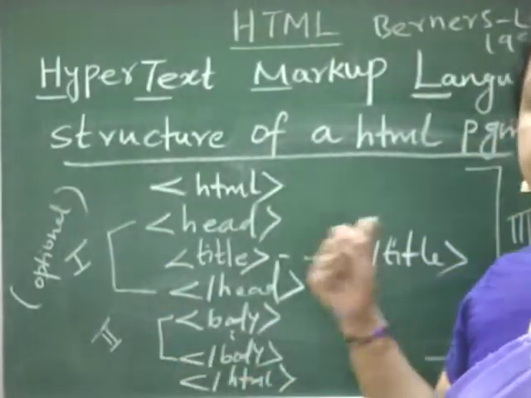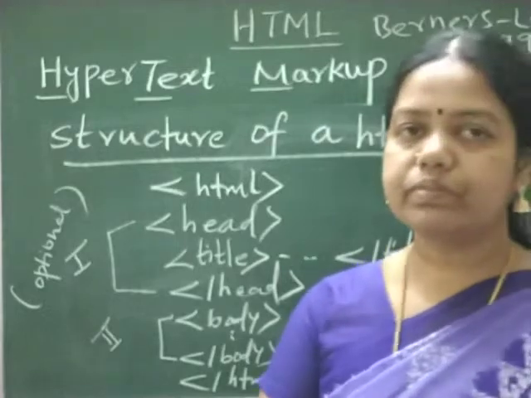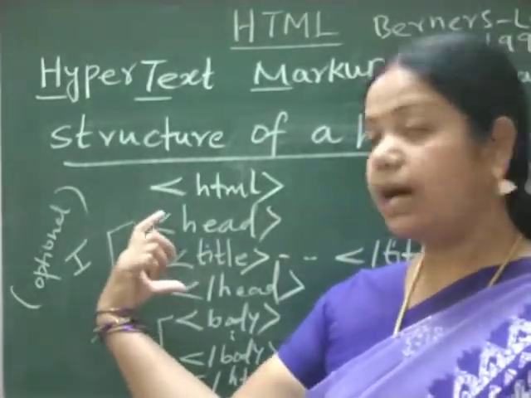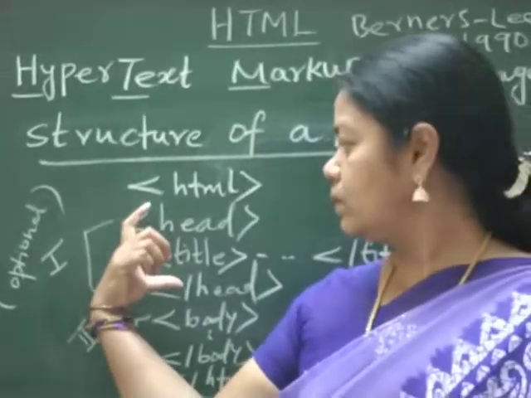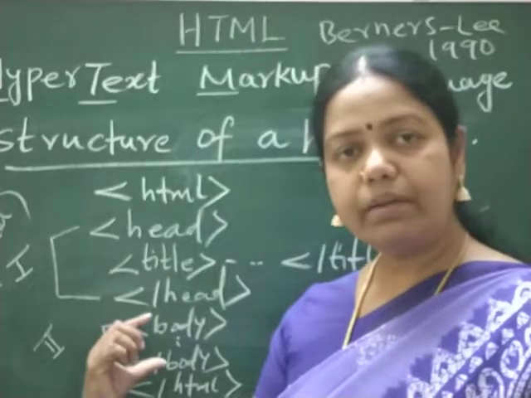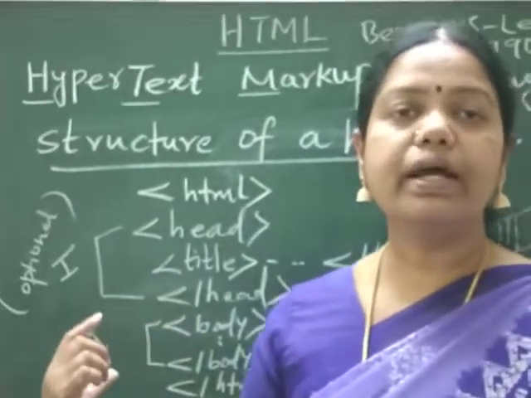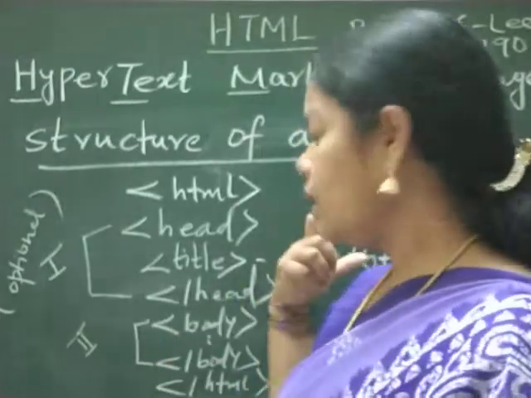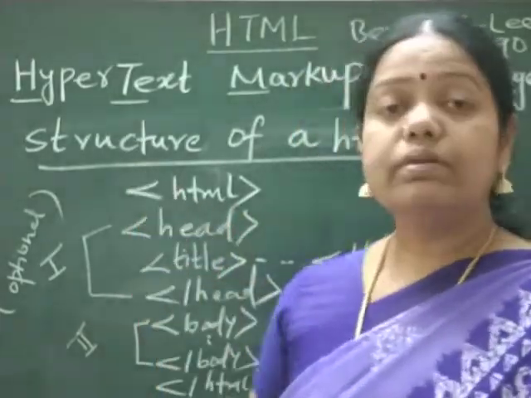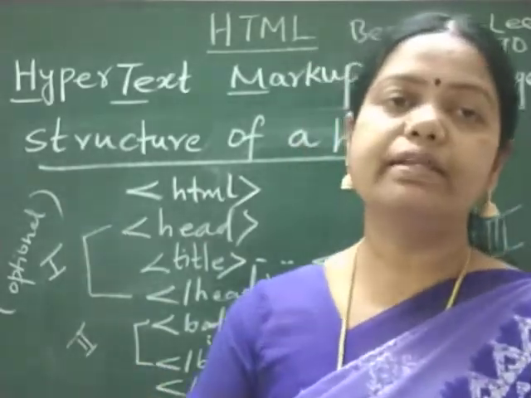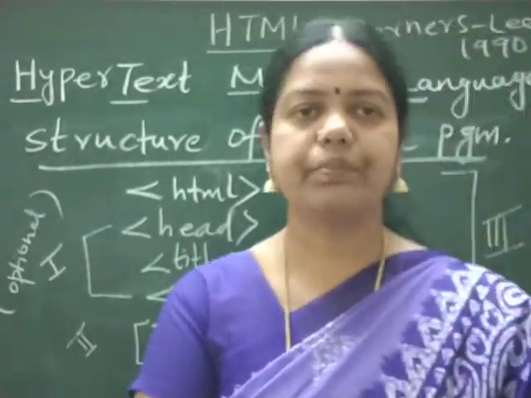The second and third parts are compulsory. So you have to define all the heading related information inside the head tag, and inside the body part you have to provide the HTML content, the web page content. This is the complete structure. Using this structure we can write the HTML program.